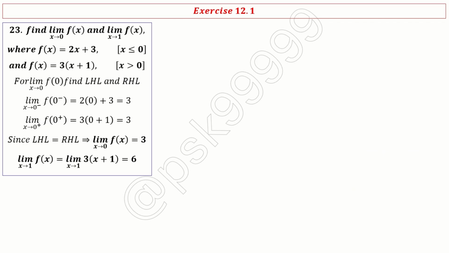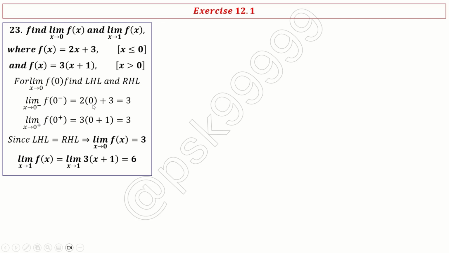Find the limit as x tends to 0 of f of x and limit as x tends to 1 of f of x, where f of x is 2x plus 3 when x is less than or equal to 0, and f of x is 3 times x plus 1 when x is greater than 0. For such problems, we have done that before. You have to find out LHL and RHL. So limit x tends to 0 minus, f of 0 minus, x is slightly less than 0, which means I have to use 2x plus 3, which is 3.